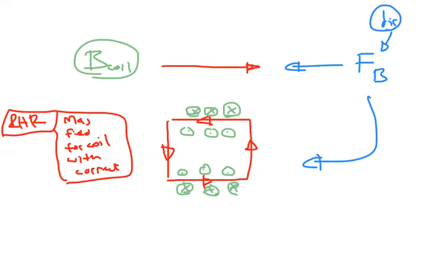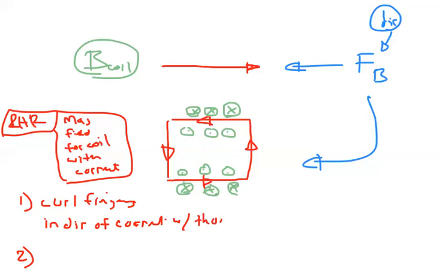Okay. So the way this one works is you curl your fingers in the direction of current, with your thumb extended out. Then your thumb direction as you curl your fingers is going to be the magnetic field inside the coil.